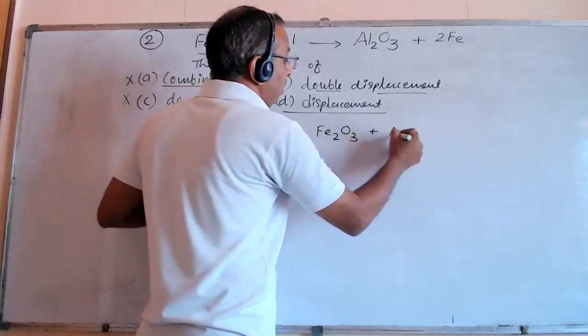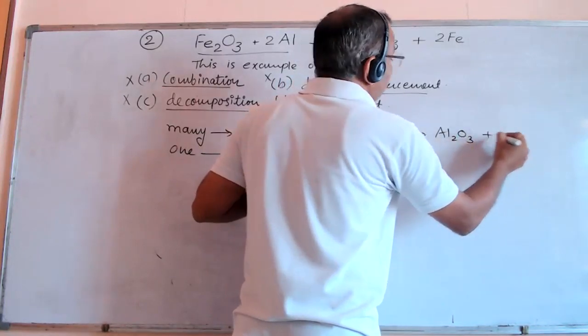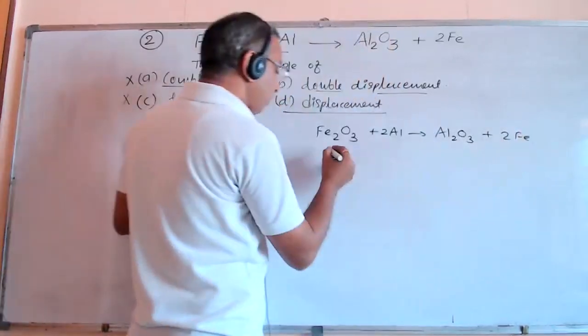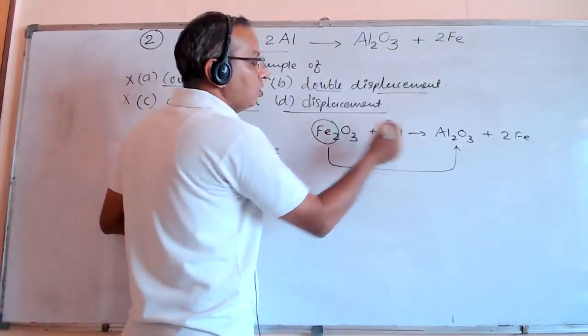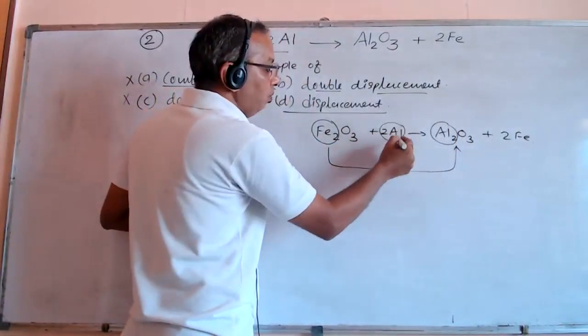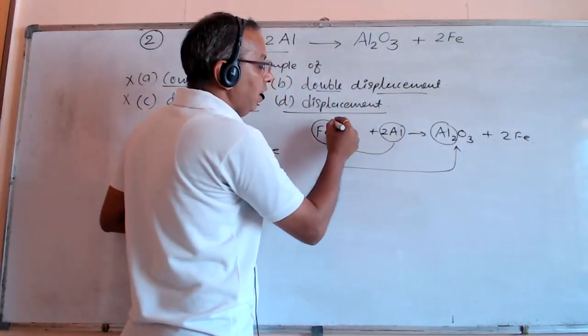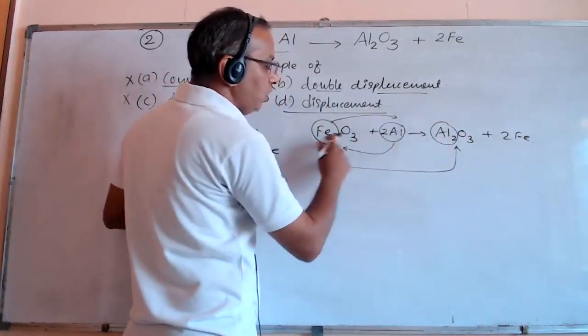Fe2O3 plus Al gives us Al2O3 plus 2Fe. You can see, friends, in this reaction, Fe is displaced by aluminium. This aluminium is added here and Fe is out. You can see Fe is out.